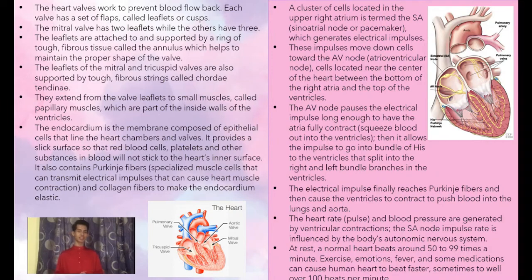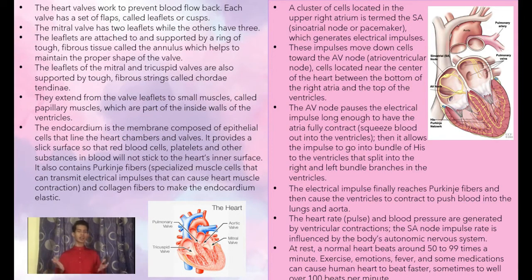A cluster of cells that are located in the upper right atrium are called the SA sinoatrial node or pacemaker, which generates electrical impulses. These electrical impulses will go down to the AV atrioventricular node cells. The AV node cells will pass on the electrical impulses and cause the atria to contract.